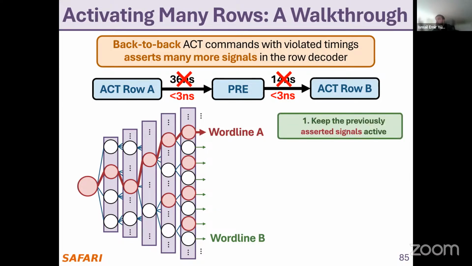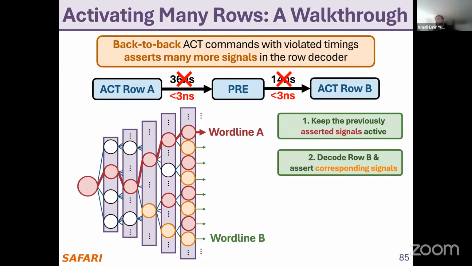As a result, the row decoder keeps the previously asserted signals active, decodes row B's address, and asserts the corresponding signals. Assume these are the asserted signals for row B, highlighted in orange. Then it also follows the newly asserted nodes' path.